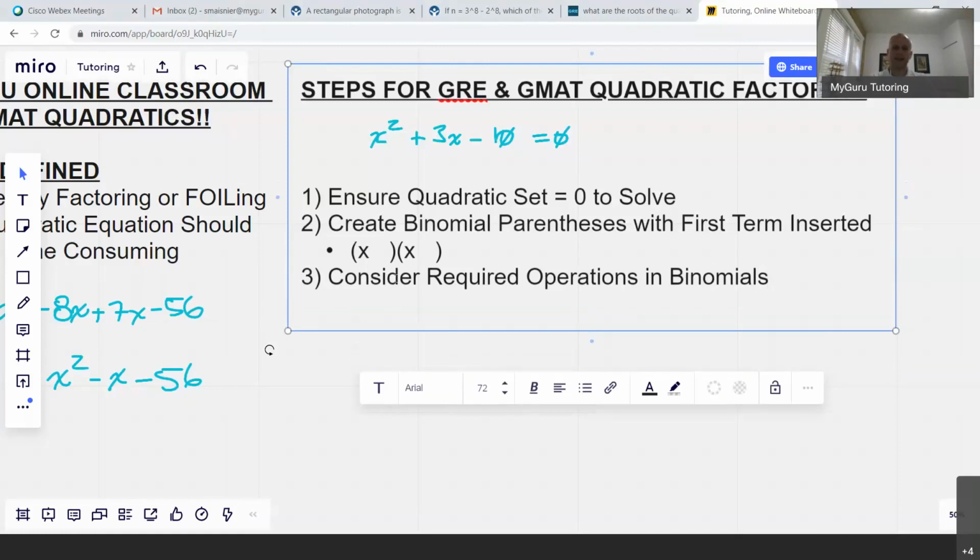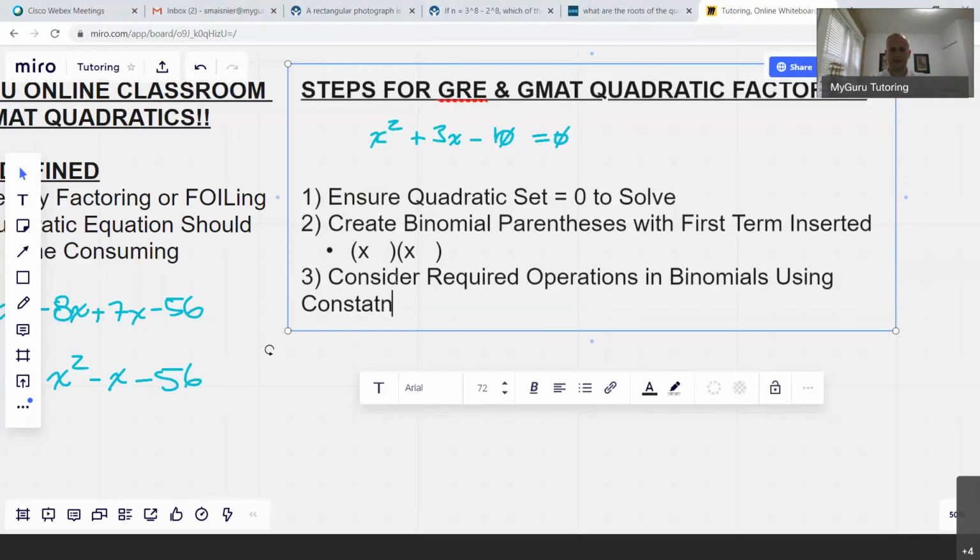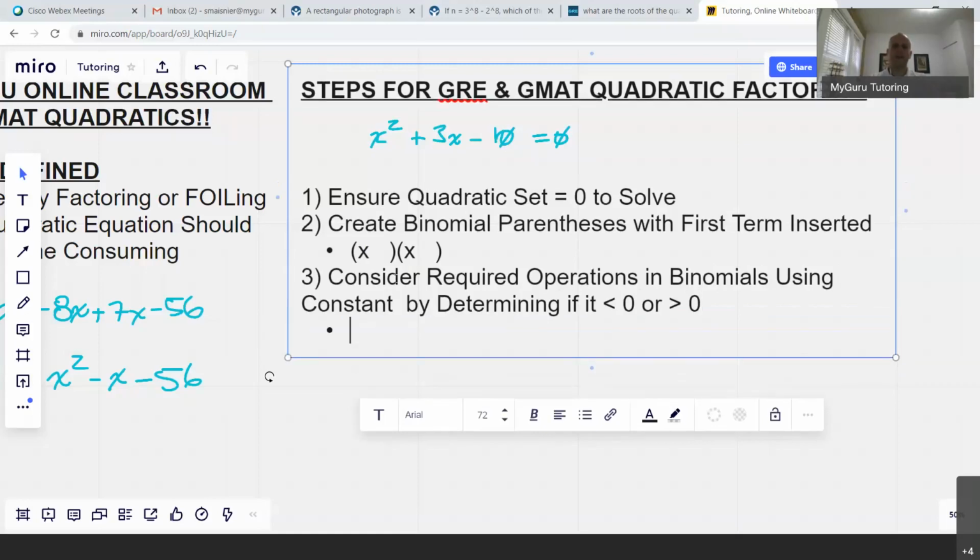In this case, you can use the constant by determining if it is less than 0 or greater than 0. So our constant here is going to be negative. So if we have a negative constant, what must our operations be in the binomials to produce a negative constant?